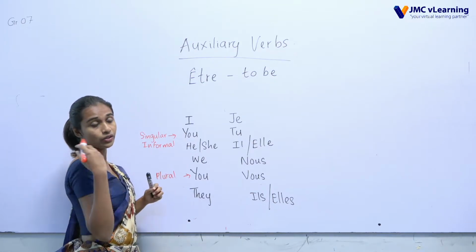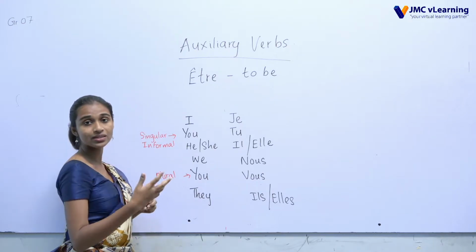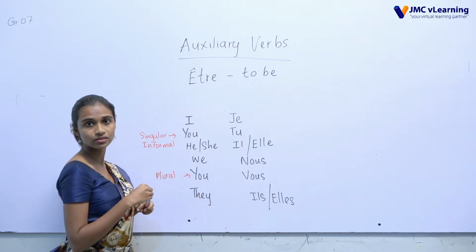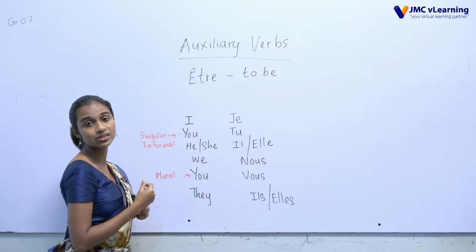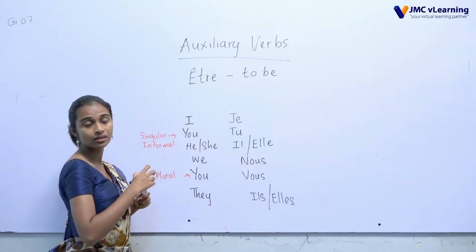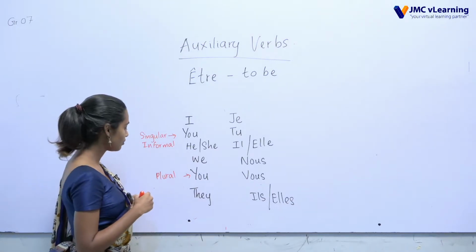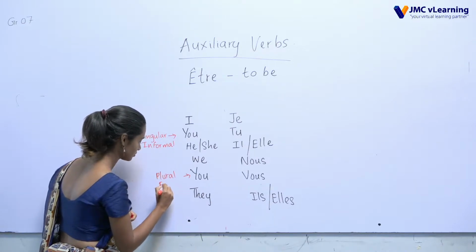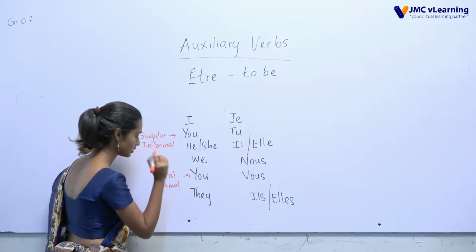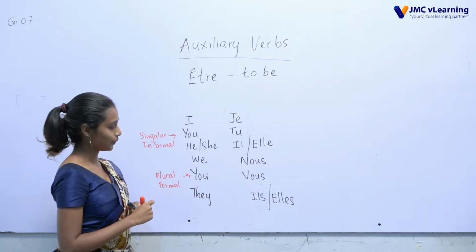Or when you want to say you to a person you should really respect, like teachers, your parents, elders, or maybe strangers. For strangers you don't speak informally, you speak to them politely most of the time. Therefore, you use vous in formal speech, right? Okay.